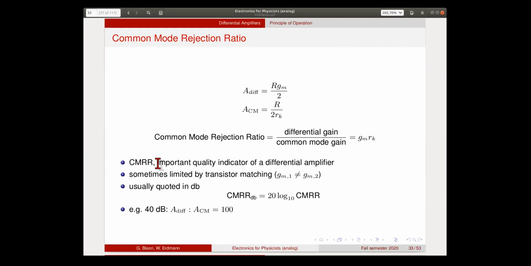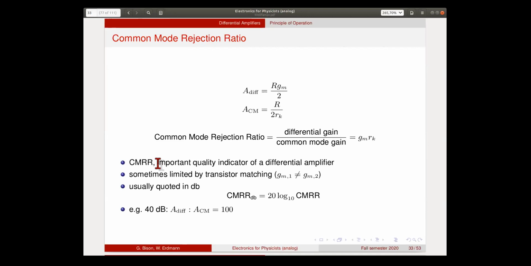Here in this ideal case, it's given entirely by the non-ideality of the current source, but it's often in practice also limited by transistor matching. So if the two input transistors are not perfectly matched, that will also give you a non-zero common mode gain. The overall result of both effects is then usually quoted in decibel.